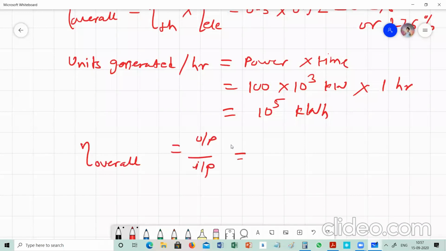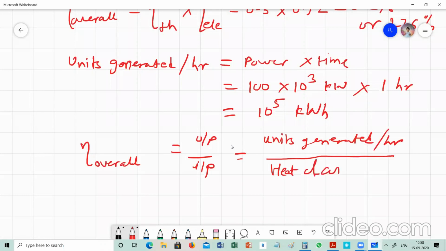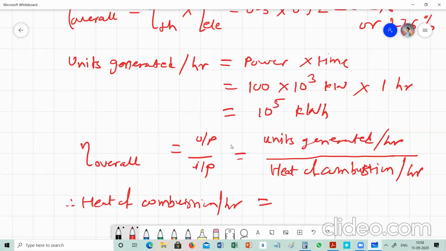We have output per hour, that is units generated per hour, so the formula becomes: heat of combustion per hour will be equal to units generated per hour divided by eta overall.